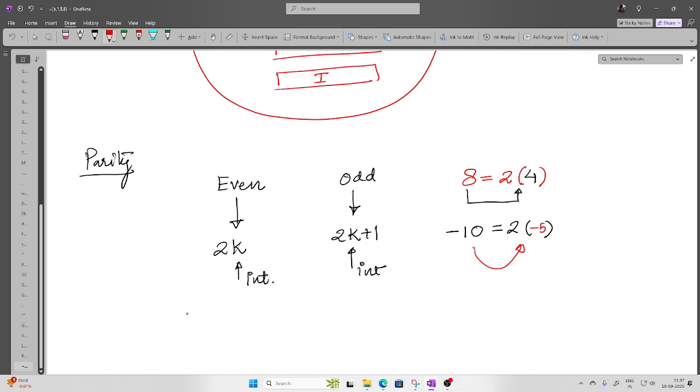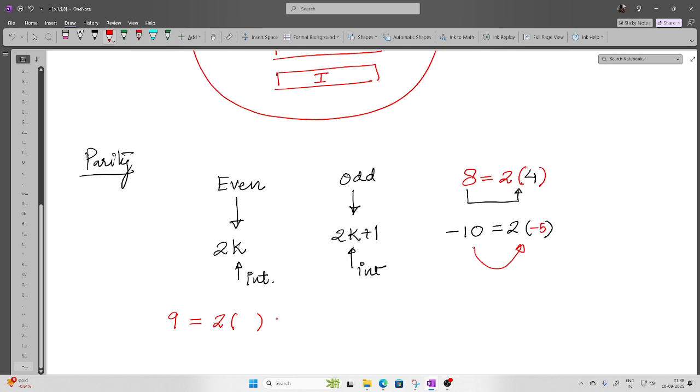Whereas if you look at, let's say, 9, can I write this 9 as 2k? Let us check. What number should I multiply by 2 to make 9? There is no integer which I can multiply by 2 that will become 9.